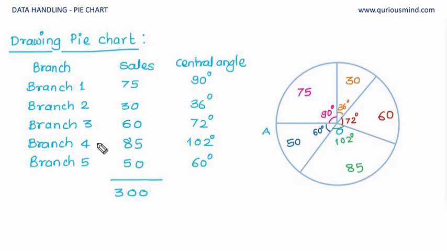Taking this third radius as a reference, we drew the third angle and we got the fourth radius. Taking this fourth radius as a reference, we drew the fourth angle and we got fifth radius. And we saw that the remaining part is our fifth angle. And this way we have received total 5 sectors and each sector represents each category.